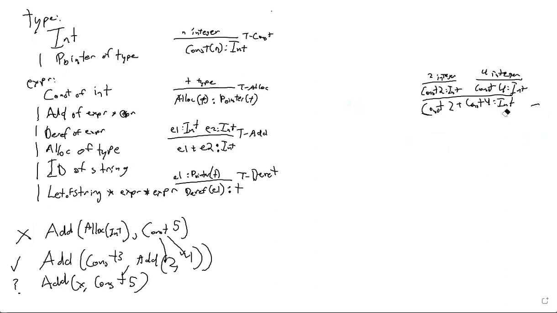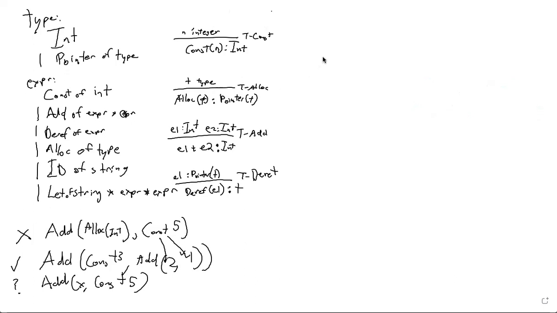Let me erase this. We're going to need a couple of things. I'll give the description of what the judgment is now. Our judgments down here were stuff like T is a type, or this expression is of this type. But what we need to add is that it's true in a particular environment.